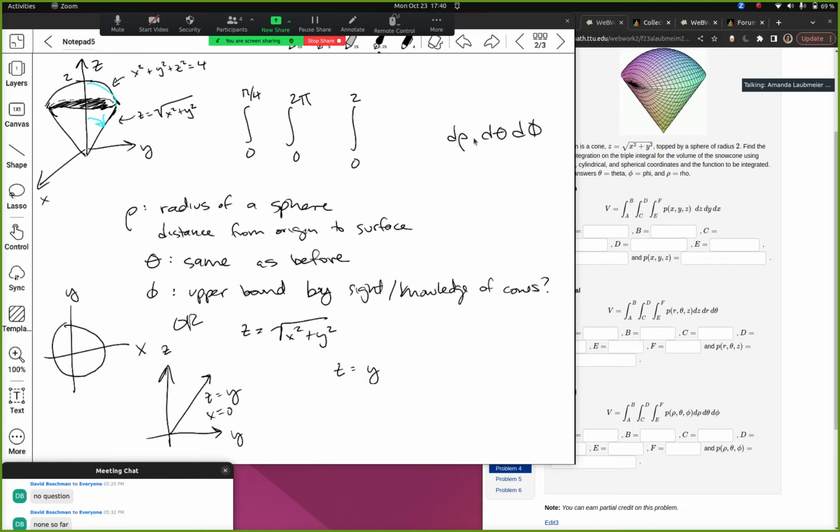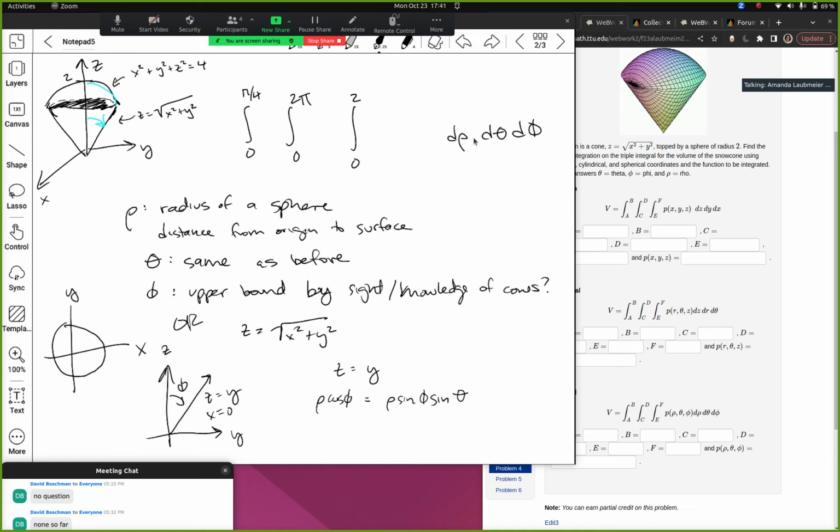So if you know z equals y at this bound phi that you're thinking about, and you know z is rho cosine phi, and you know that y is rho sine phi sine theta, when x is 0, well, it has to be true for any theta at all.